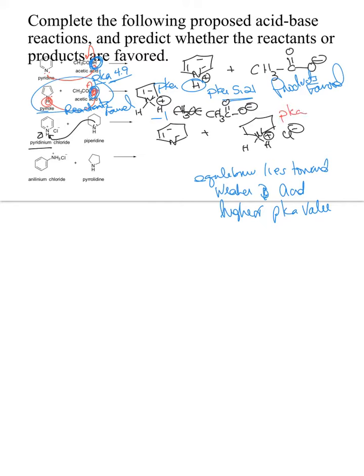So the pKa of a protonated piperidine would be 11.2, and we're talking about this proton here. As one gets deprotonated, the pKa of that one is 5.21. So we compare what's larger, 5.21 or 11.2? Yes, so the weaker base would be products favored.